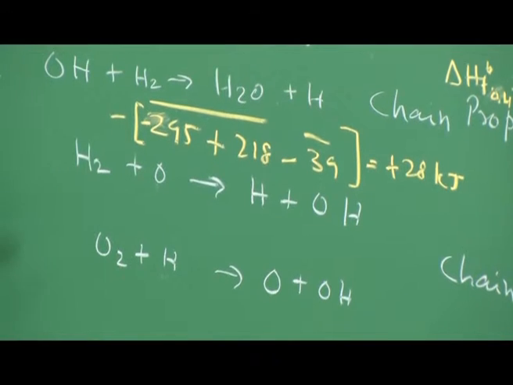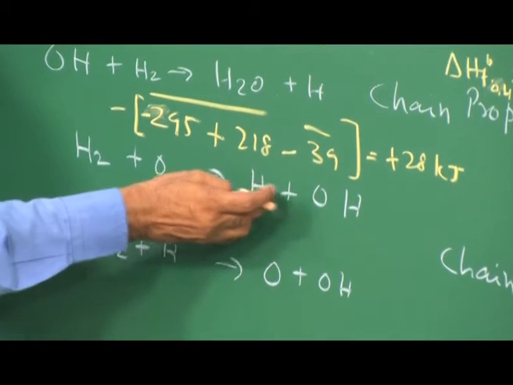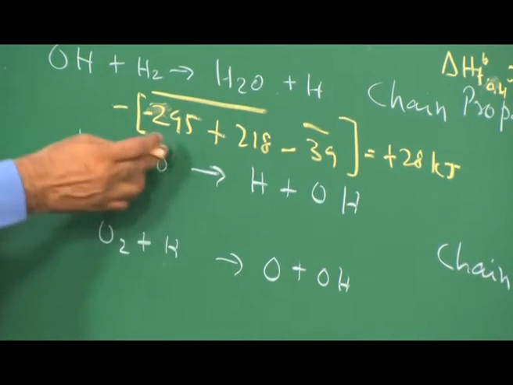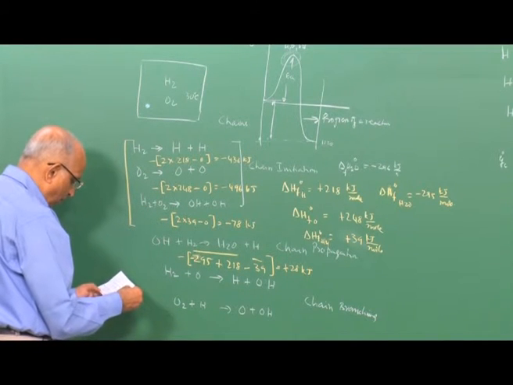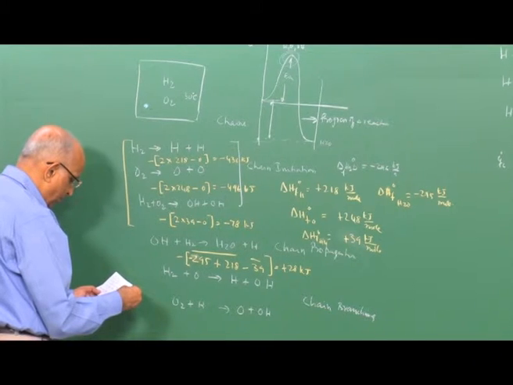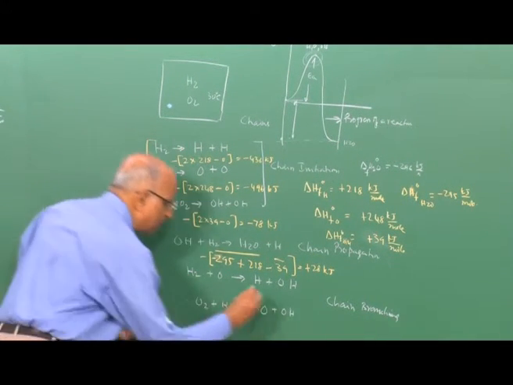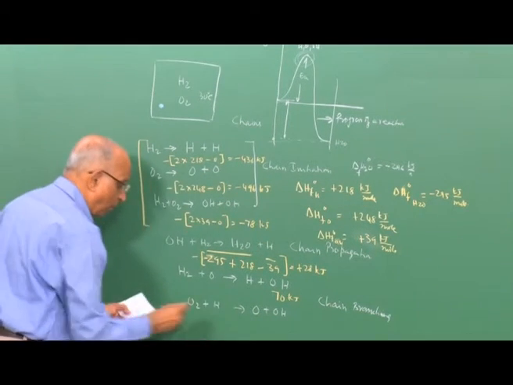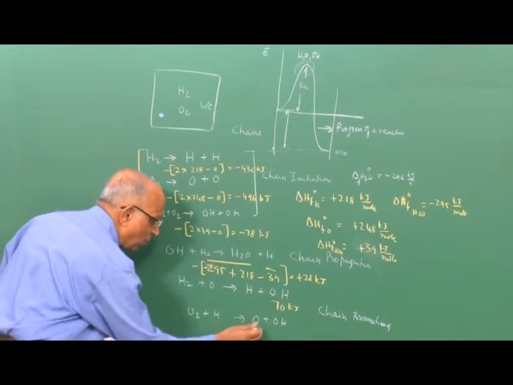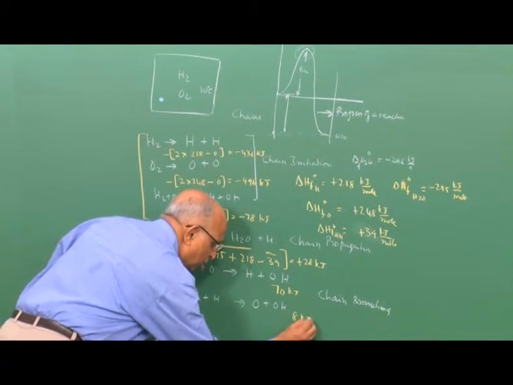Similarly, I can calculate the energy for the chain branching reactions. Now, I know the heat of formation of H, I know the heat of formation of OH, I put them together. Similarly, I get the value for the chain branching reaction H2 plus O giving something like 70 kilojoules, and for the last one, O2 plus H giving O plus OH, the energy released in this reaction is 8 kilojoules.